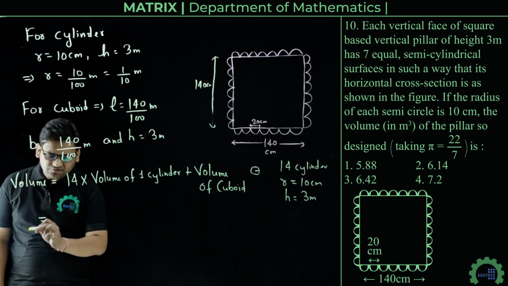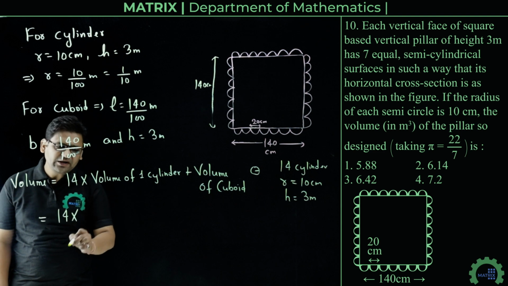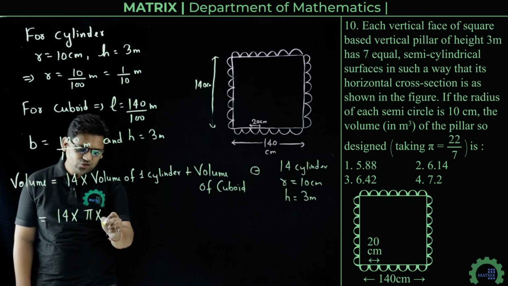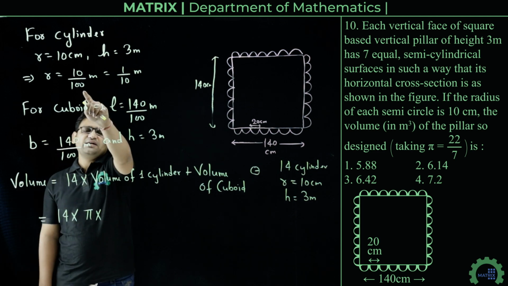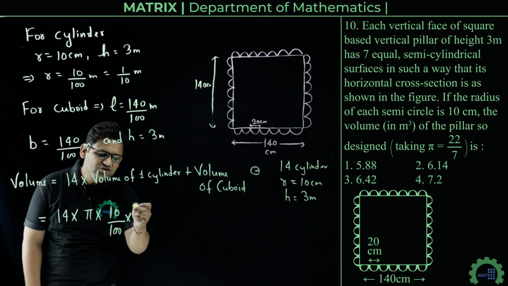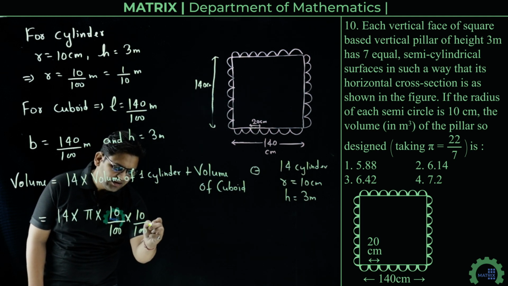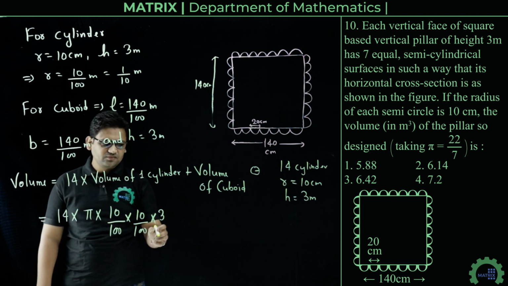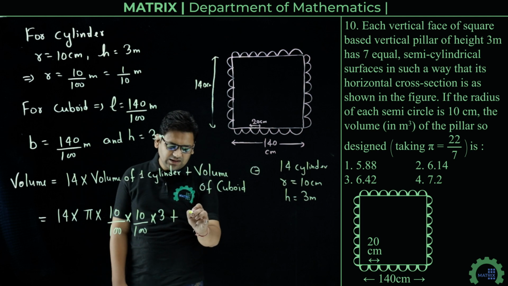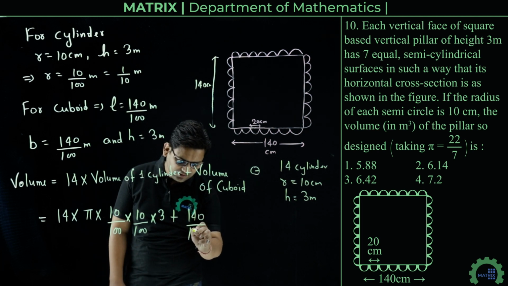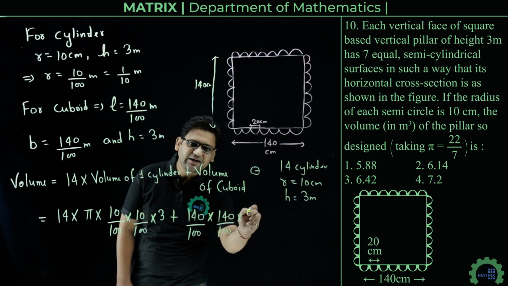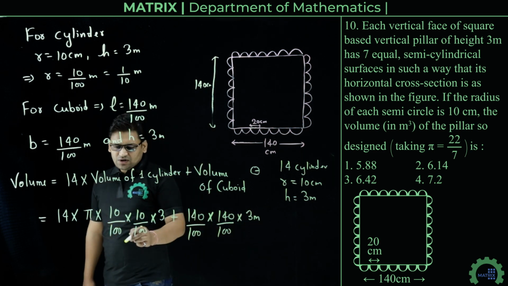So final volume will be 14 into volume of one cylinder, that is pi r square h, pi into r square, radius is 10 by 100, into height, that is 3 meter, plus volume of cuboid, that is length into width into height, length 140 by 100 into width 140 by 100 into height, that is 3 meter.